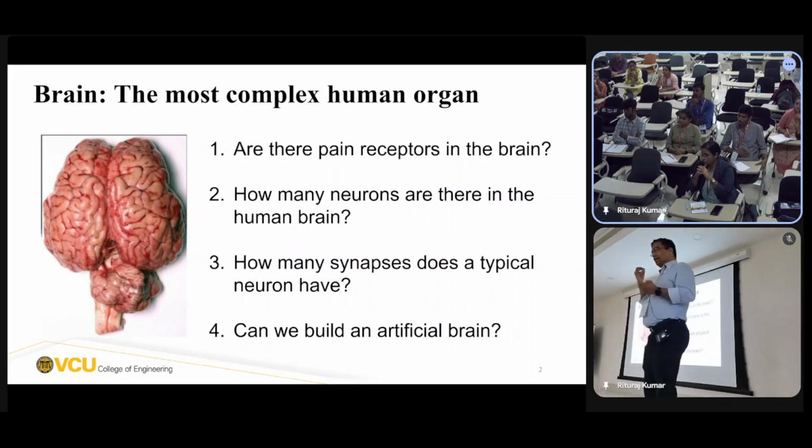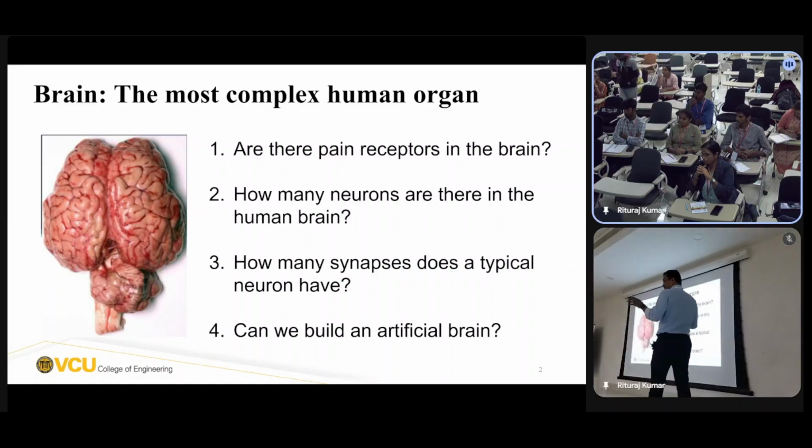Each neuron connects to 10,000 other neurons. So if you think of the connections, when you can't do straight permutations and combinations, it will be a huge number, 10,000 and 85 billion, right?